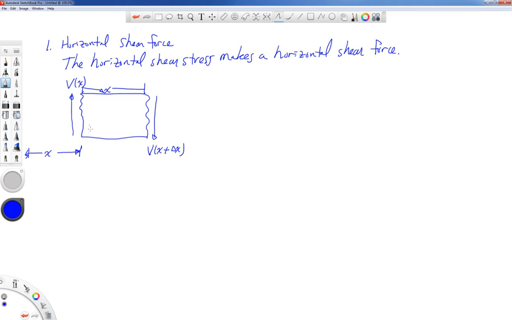And so on the left side of this block, we have a shear force that goes up that's V of position x. Over on the right side of the block, it's position x plus delta x, and we have a shear force on that side that is V of x plus delta x, and it goes downward. Likewise, we have bending moments on the left side, M of x, and on the right side, M of x plus delta x.